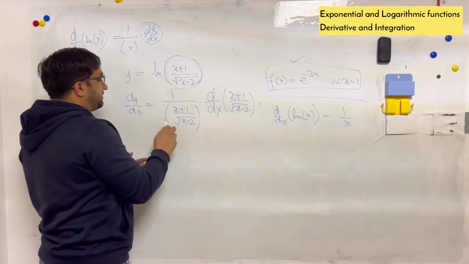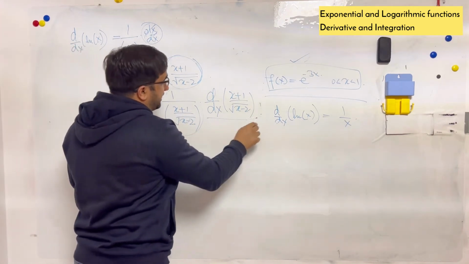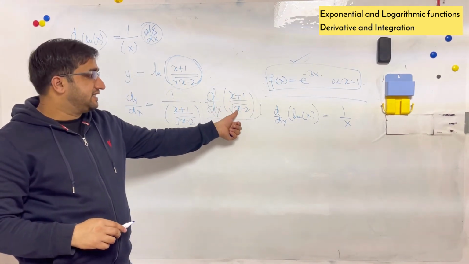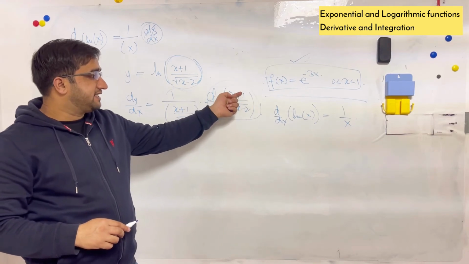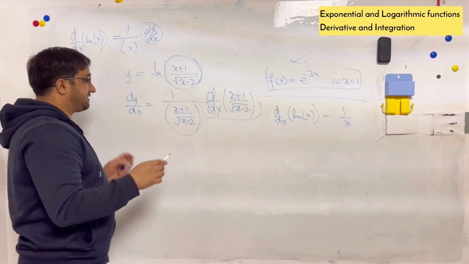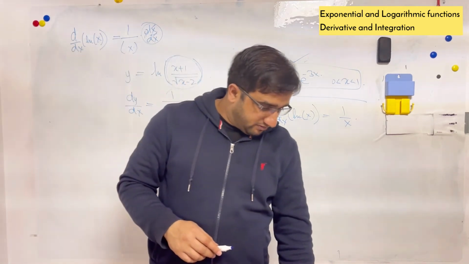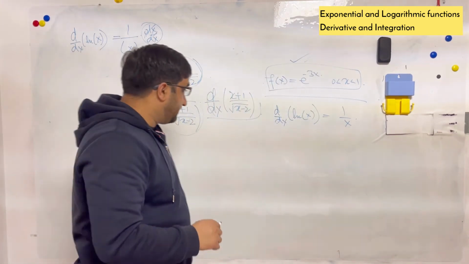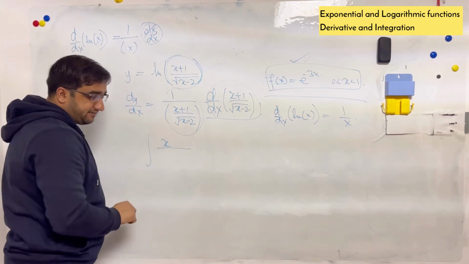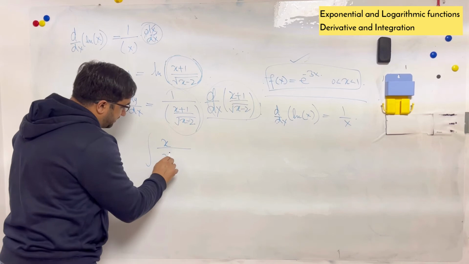This is just the quotient rule of the derivative: this into derivative of this minus this into derivative of this, divided by this whole square, simplify, and that is the answer.